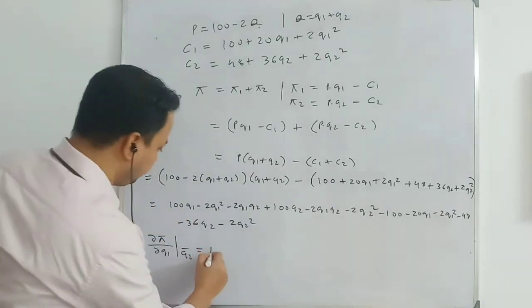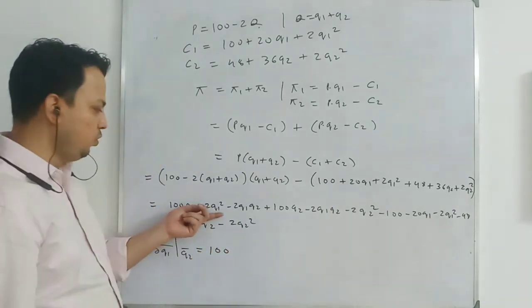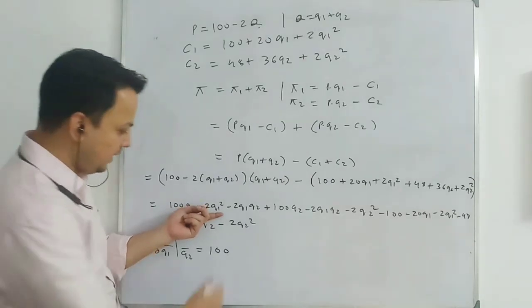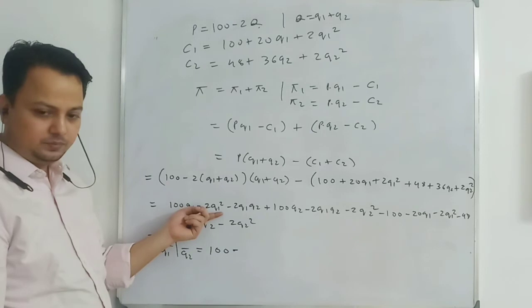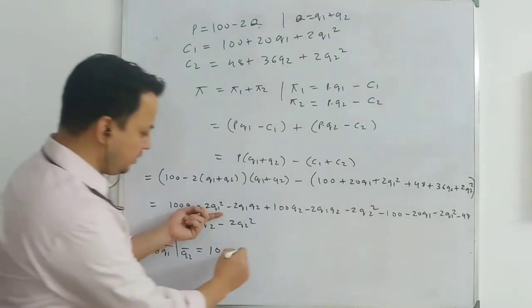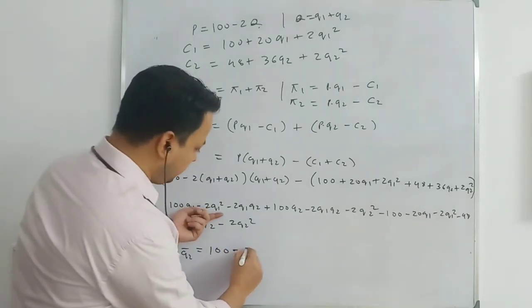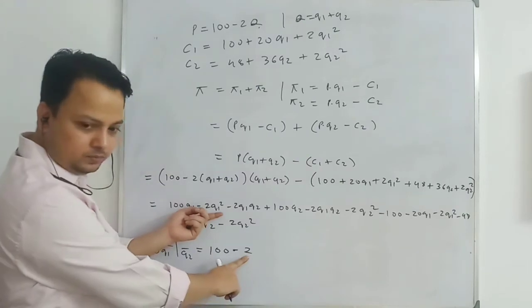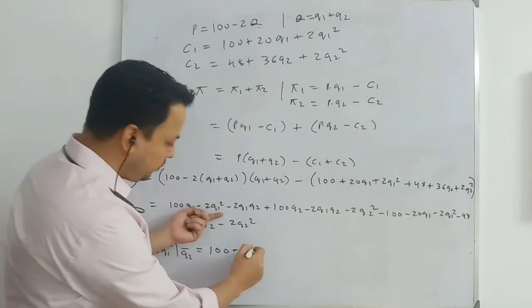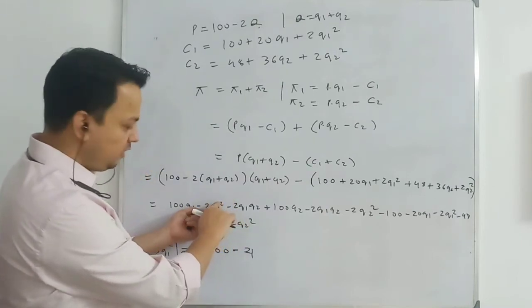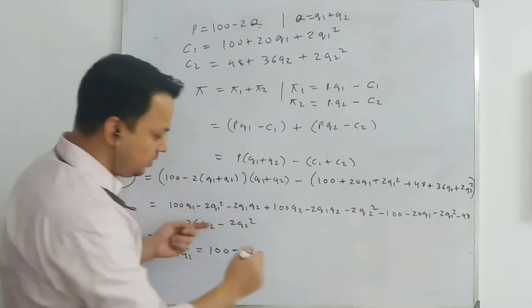Very good. Minus 2 q1 square: 2 is constant, I am writing 2. Whatever power you have, it will come in the front. 2 into 2 is 4. Then n minus 1, remember, 2 minus 1 will be 1, so it will be q1.